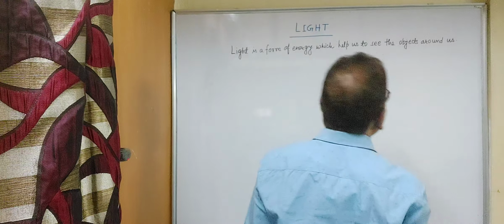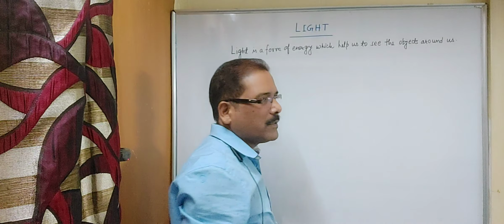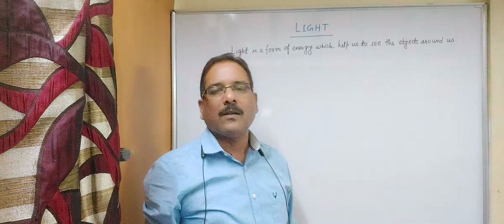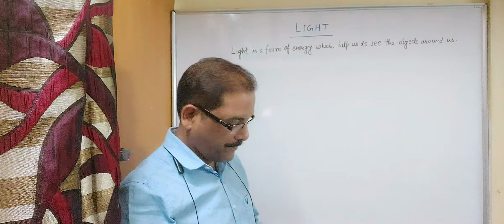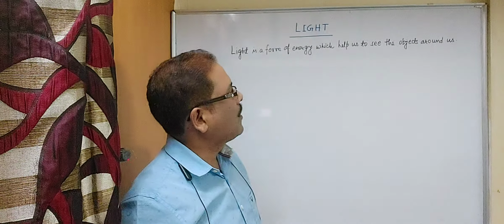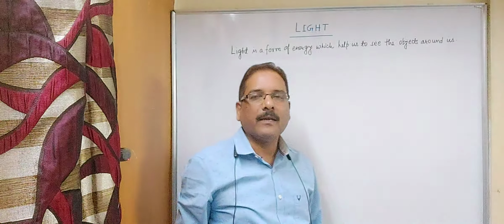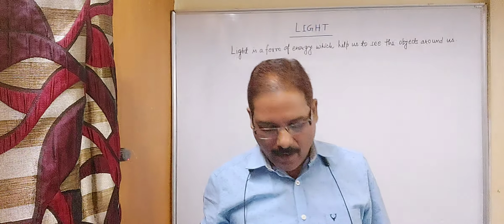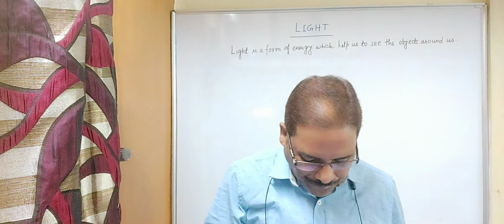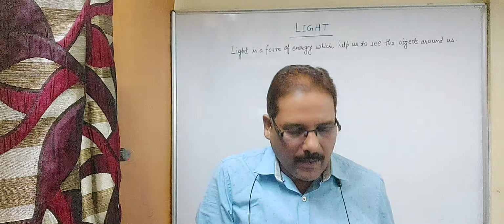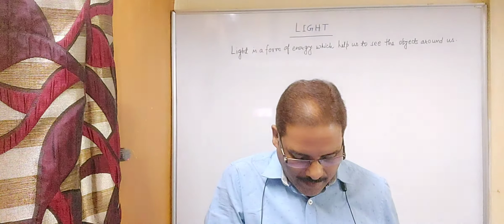Or you can also write: light is a form of energy which gives the sensation of sight in our eyes. That is also correct. When light falls on objects and they reflect the light, and the reflected light reaches our eyes, we are able to see the things.